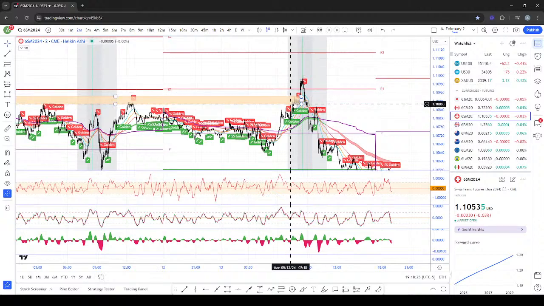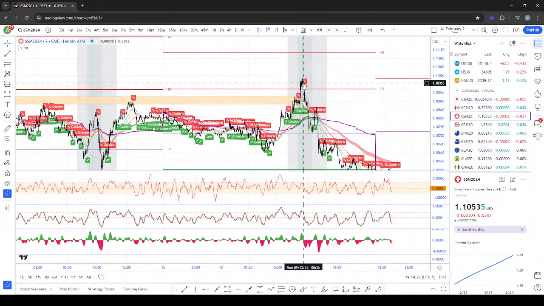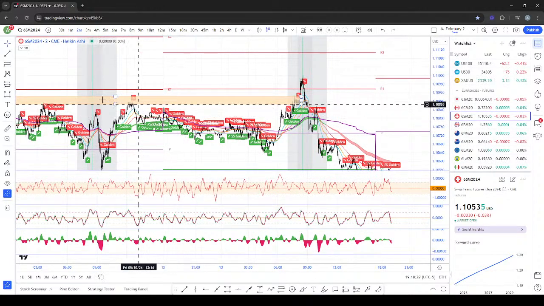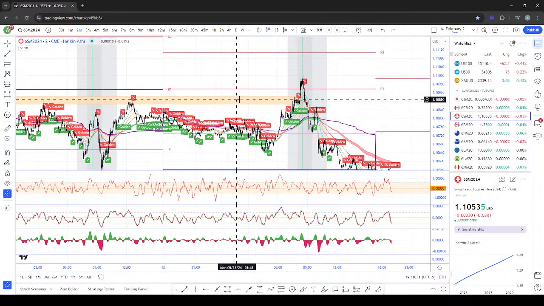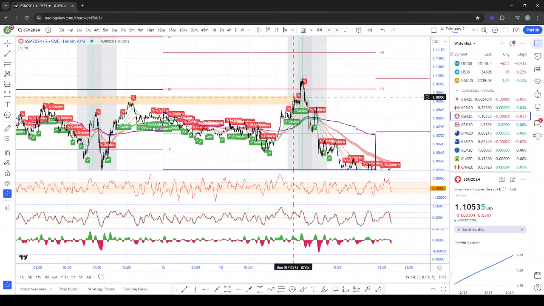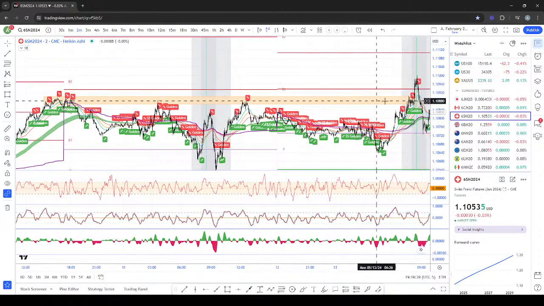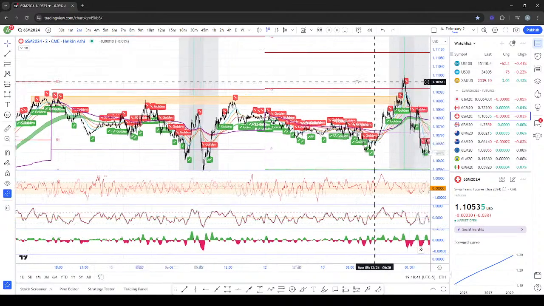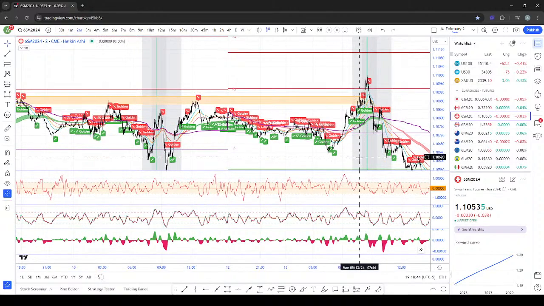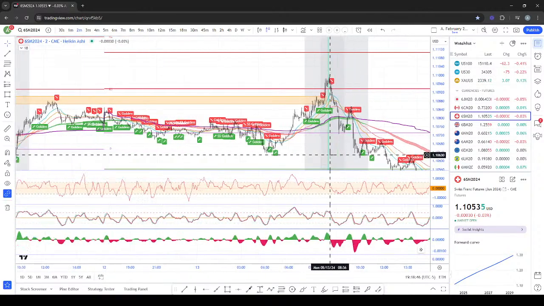Could have been a nice liquidity sweep going up through here, picking up liquidity along these tops right here, although this picked up a little bit of that liquidity going straight across. Okay, but sometimes price just likes to push up a little bit higher right through there.